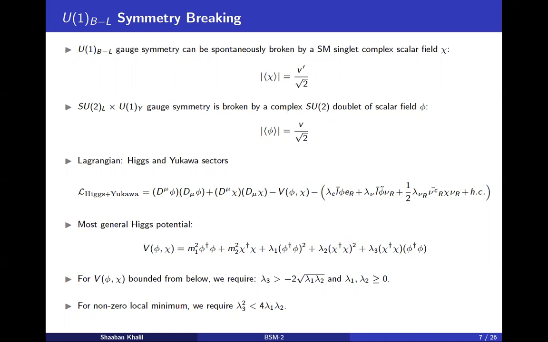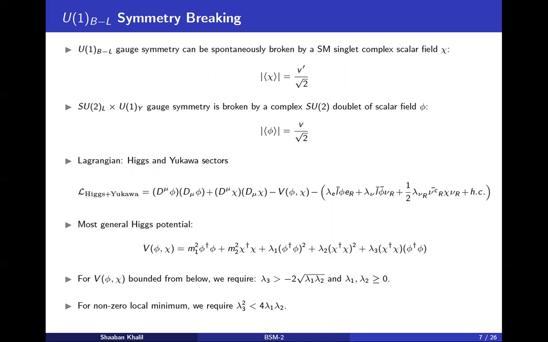Still the same problem of the negative mass squared that we want. However, the most urgent first is M2, because you wanted to break B minus L first. So M2 will be negative, and you break the symmetry and you generate the vacuum for chi with a new VEV, we call it V prime, as normal.